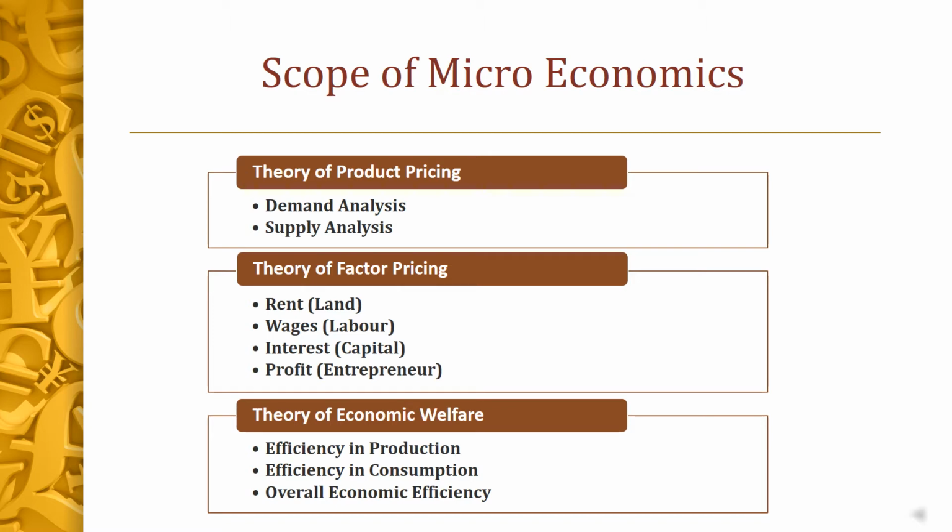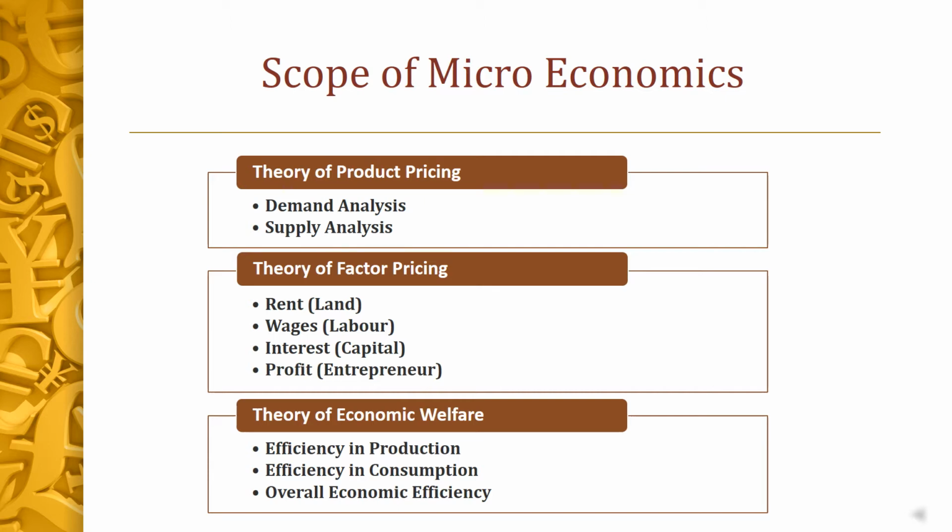It helps us to know what will be the price of a particular product based on the demand and the supply for the product. It is at a point where seller and buyer meet that we come up with the price. So all this analysis is done in microeconomics and therefore it is called the theory of product pricing.